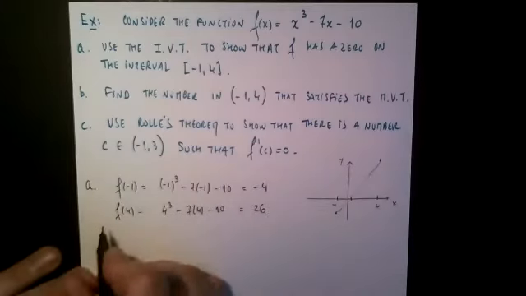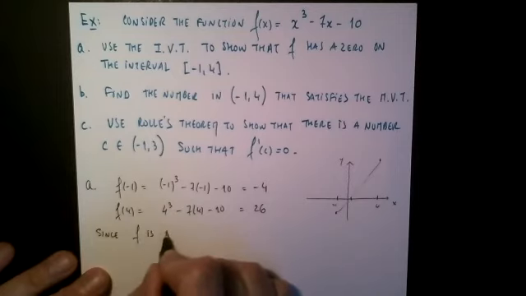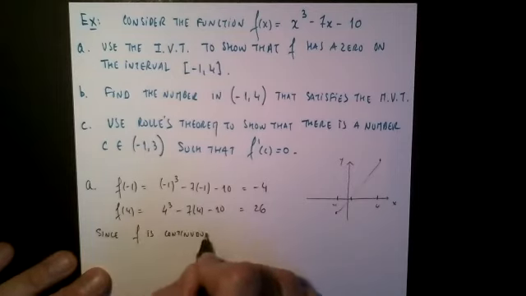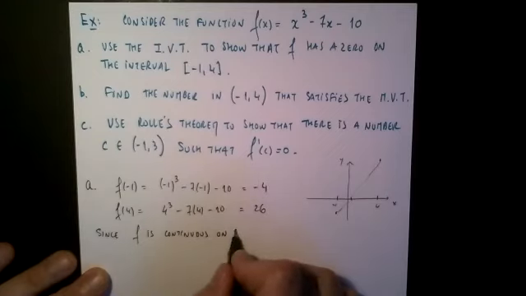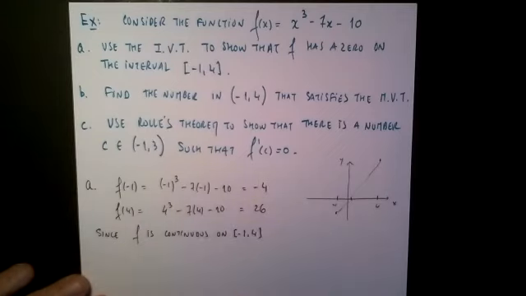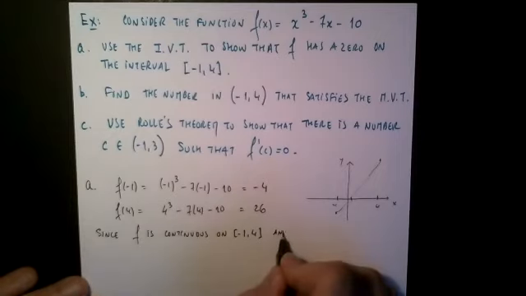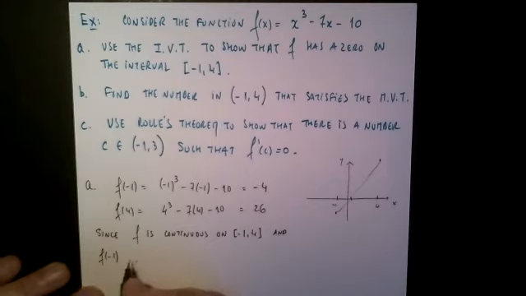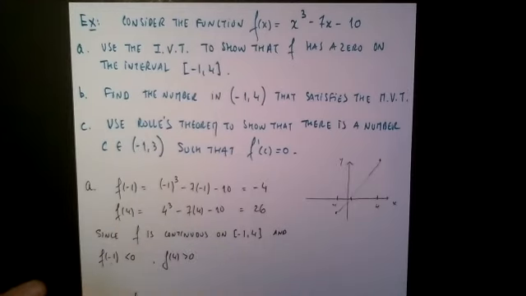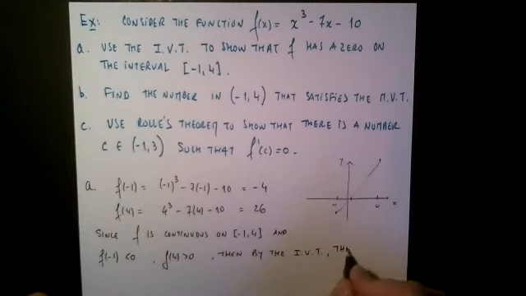Okay? So we have to write now, since f is continuous on -1, 4, and f of -1 is negative, and f of 4 is positive, then by the intermediate value theorem, there exists, so this sentence is important, you have to write this, okay?